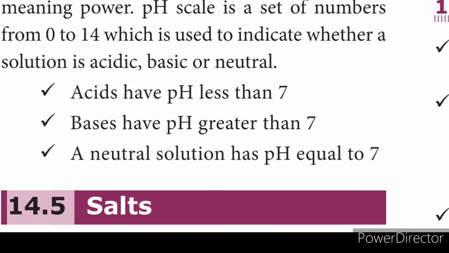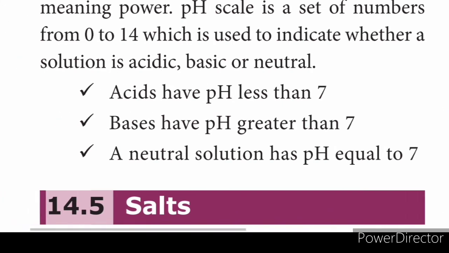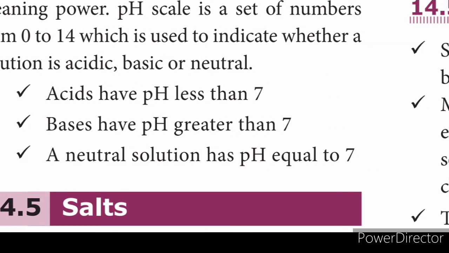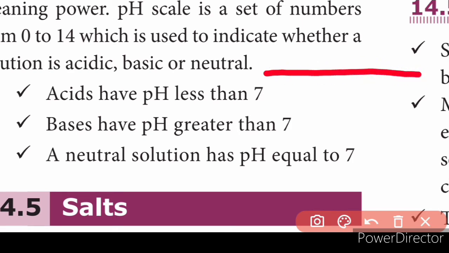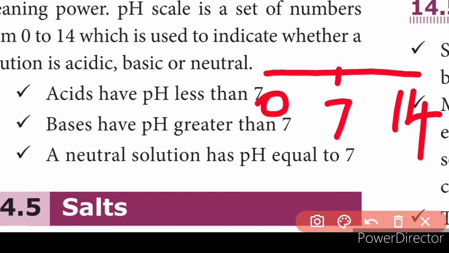So how will you read the pH value? You will have a scale with the center 7, 0 on the left and 14 on the right. For values less than 7, you will have 1, 2, 3, 4, 5, and here write 7 to 14. If the value is less than 7, we call the solution an acid.